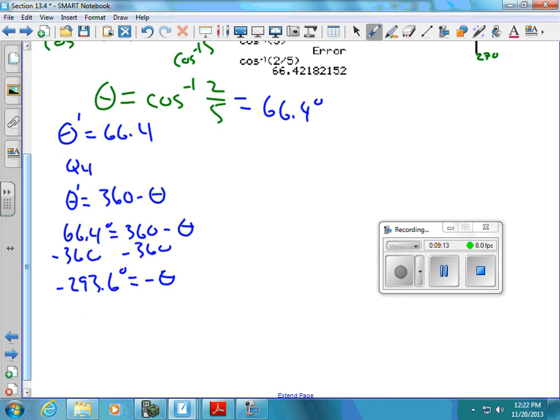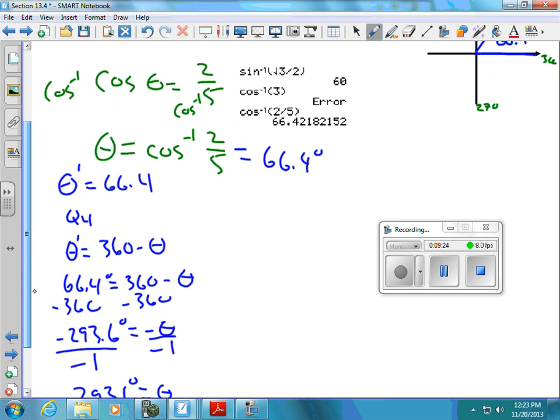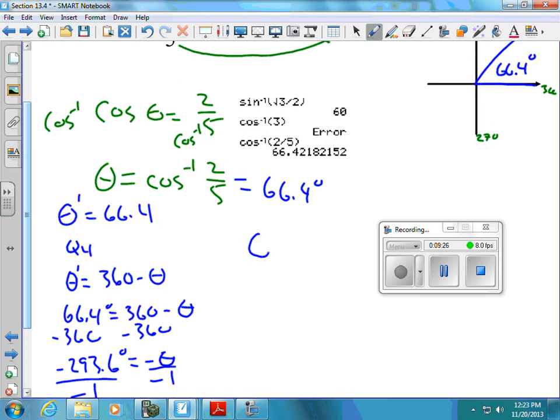It's the opposite of our angle, so if we divide by negative 1, we get 293.6 degrees. So theta equals 293.6.